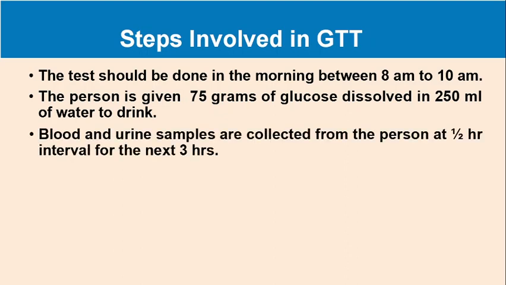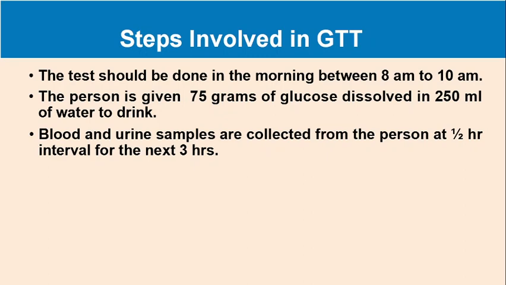Blood and urine samples should be collected from the patient at half an hour intervals for the next 3 hours. That is, we have to collect the fasting sample, and at half an hour interval blood samples should be drawn, at 1 hour, 2 hours, 2.5 hours, and 3 hours.